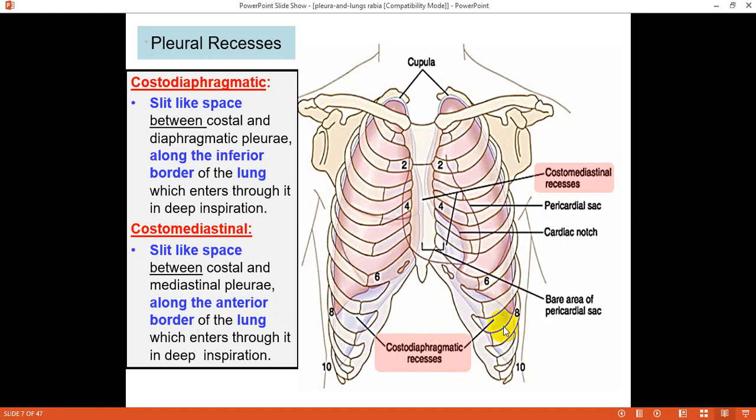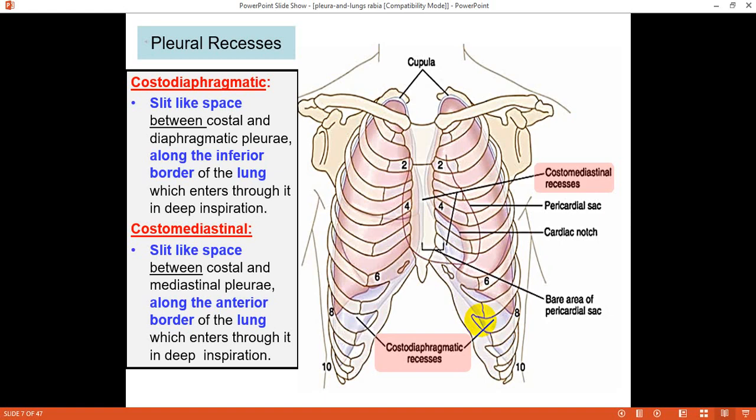So these are providing extra space. When the lung has to expand, these costomediastinal and costodiaphragmatic recesses are occupied. So they give the space for the spongy lung to expand.